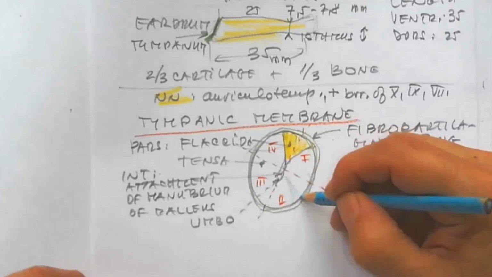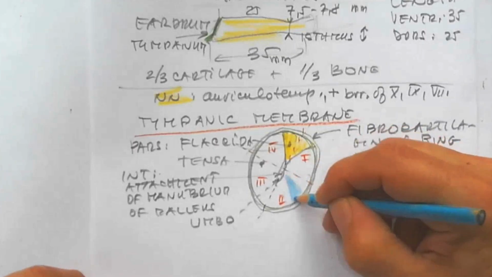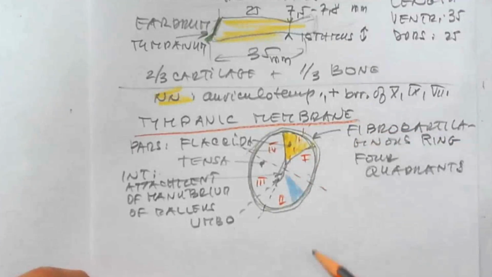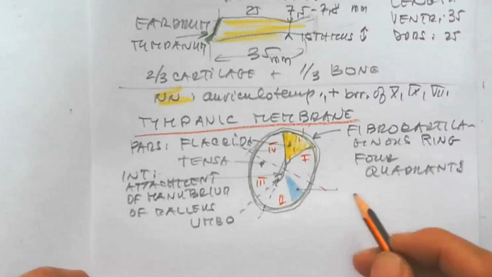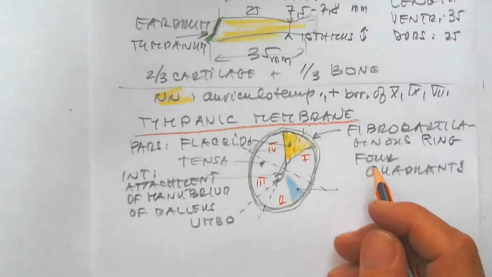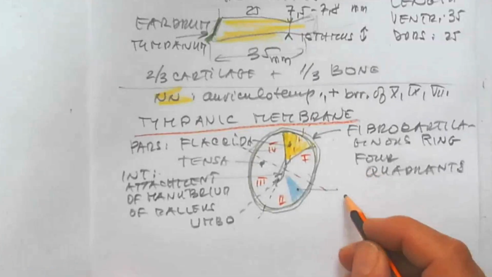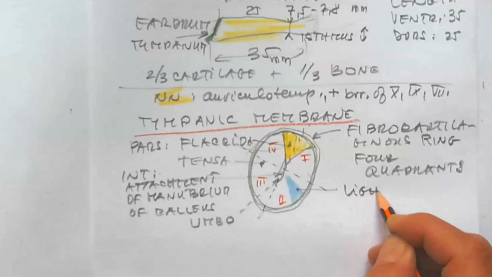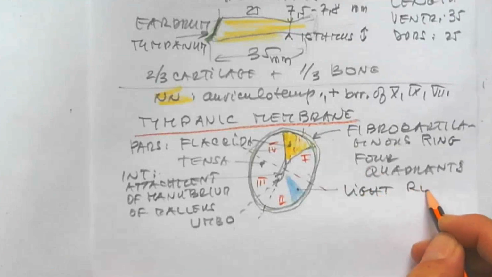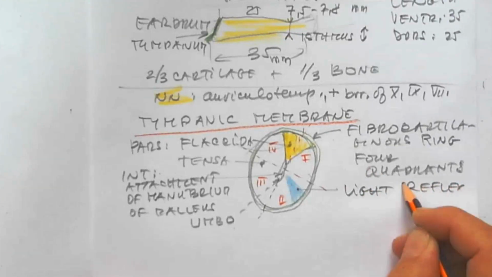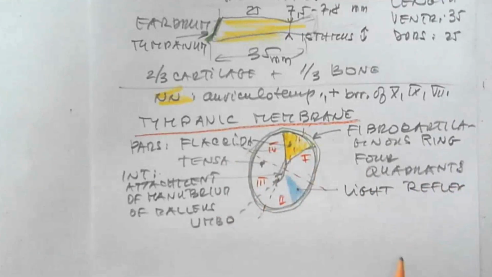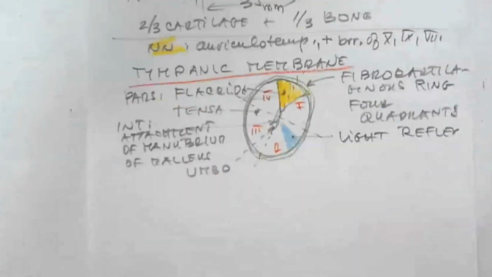And here we see also the light reflex, when we look using light onto the surface of the eardrum. Also here passes, on the internal side, the arch of the chorda tympani. So I mean that this is more than sufficient.